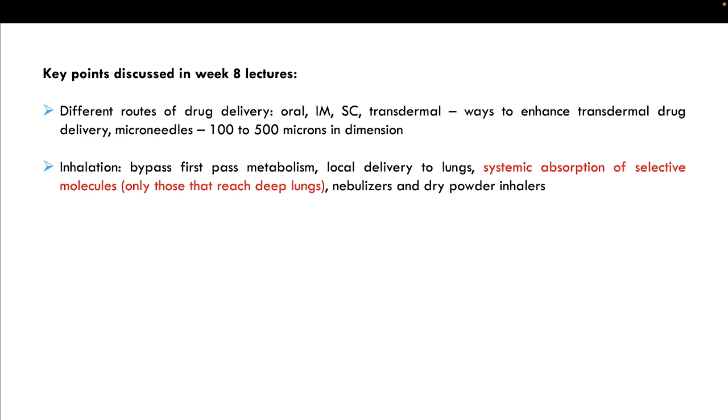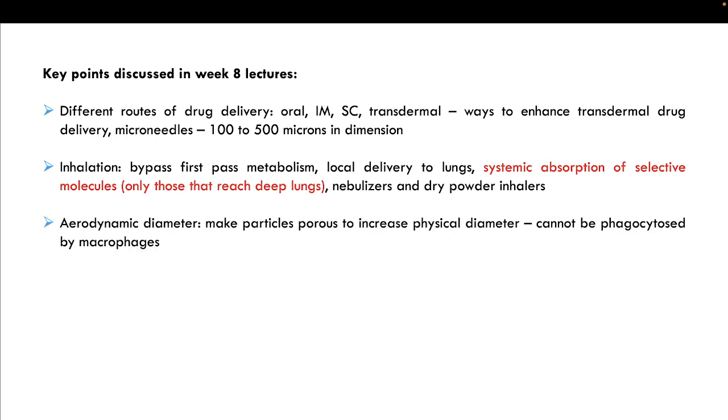So that's one route. And then we discussed an important concept related to inhalation, which is known as aerodynamic diameter. As I said, if you want the drug to be delivered into the blood through the inhalation route, your drug has to be of a very specific size range. Specifically, it has to be within 1 to 5 microns, so that it reaches the deep lung level, and then it's easier for the drug to travel from the lungs to the blood.